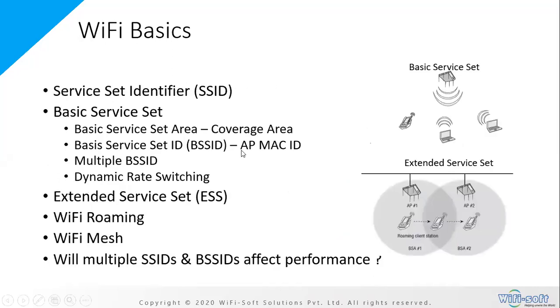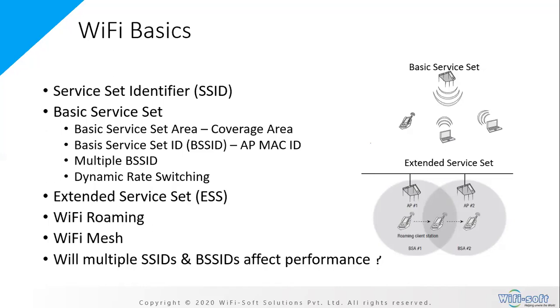Now, a little more basics and understanding of these terms. I think many of you use these terms on a frequent basis, like SSID, BSSID, and so on. So what are these things? On the right hand side, you'll see what is called a basic service set. What is a basic service set? A basic service set is basically a simple wireless network.